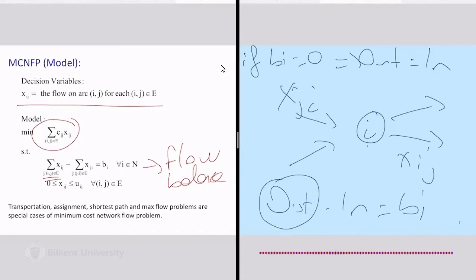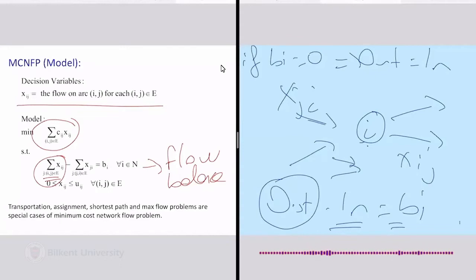For factory 1, the summation of xij from factory 1 will be the b of that factory. And if this is a demand node, that's why for demand nodes the bi's are negative, because I must have enough coming in, right? So it's out minus in equals bi, which is negative, absorbing that much flow. That's why the flow balance ends with a negative for a demand node. And this is called the flow balance constraint.